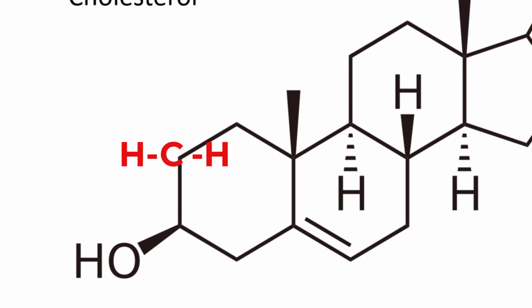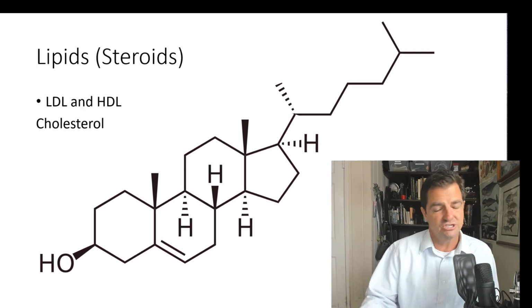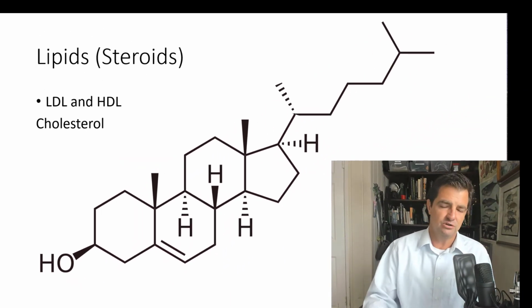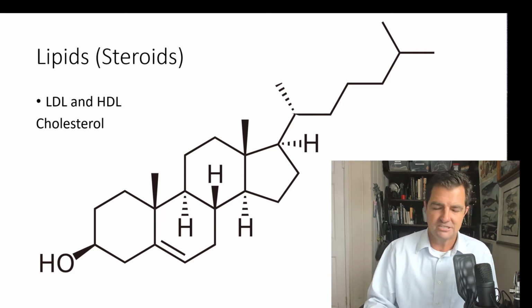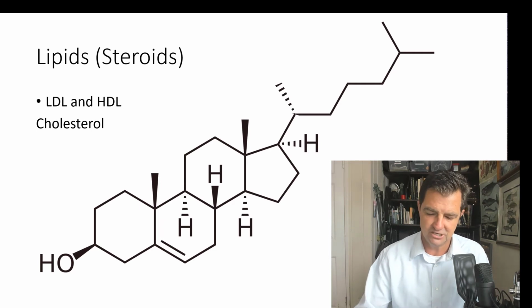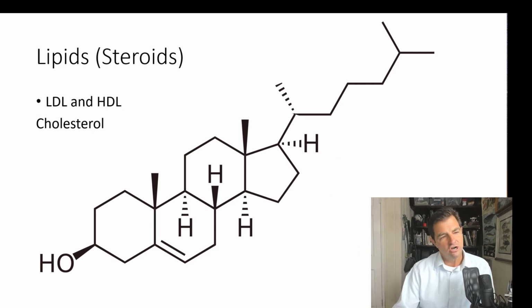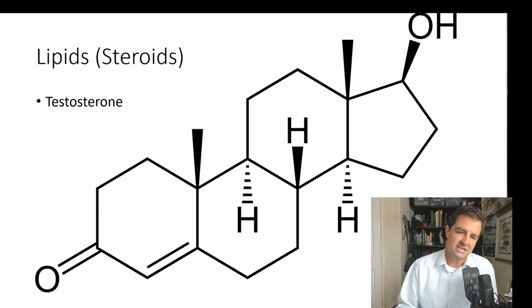That's what the ring structure means. If they're going to put something different there, like an oxygen, they will have to let you know that by putting an oxygen atom there. So that is a shorter notation when you see these molecules that makes it a little bit easier and faster to draw them out like that. Also in the steroid category, we have testosterone.